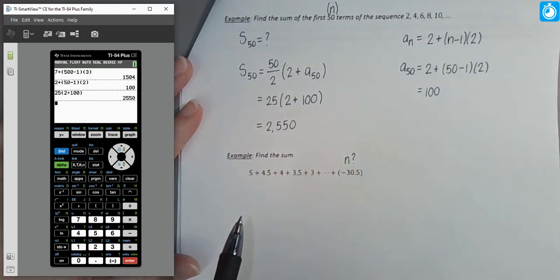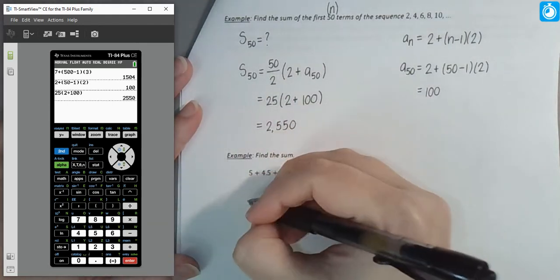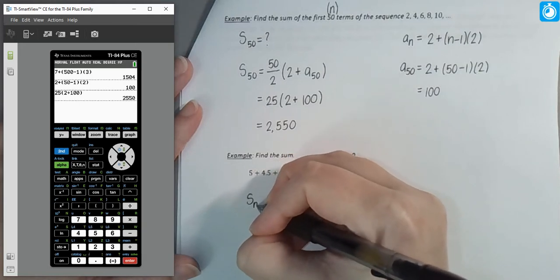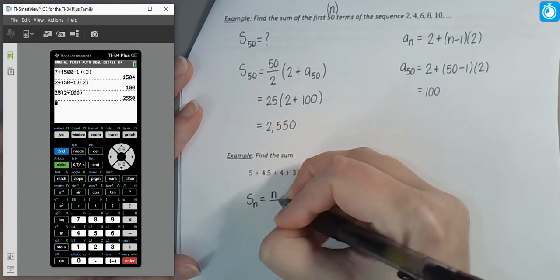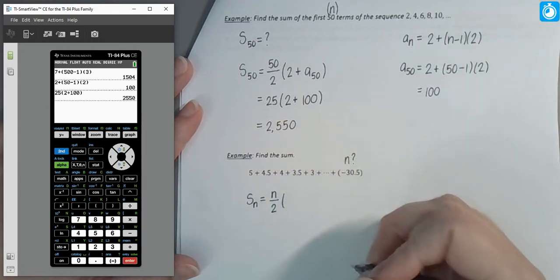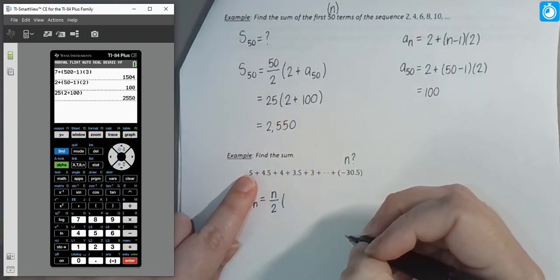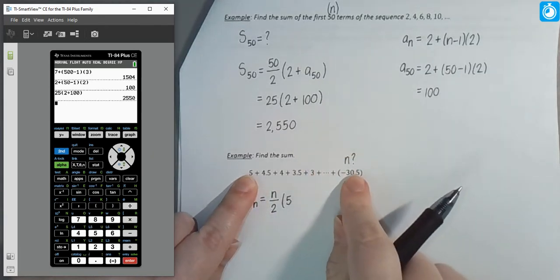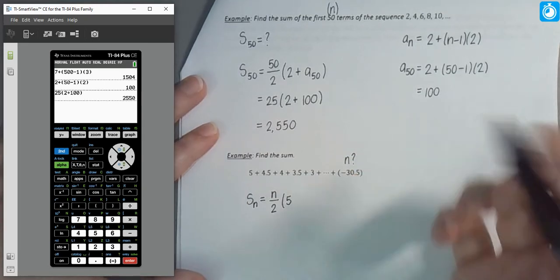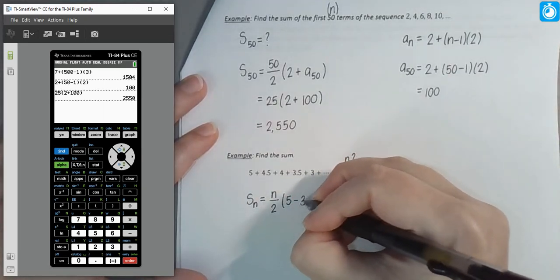We need to know how many terms we're adding up. So we want s sub n, some partial sum, and we know it's going to be n divided by 2, n is unknown, times our first term, which is 5, plus our last term, which is negative 30.5.